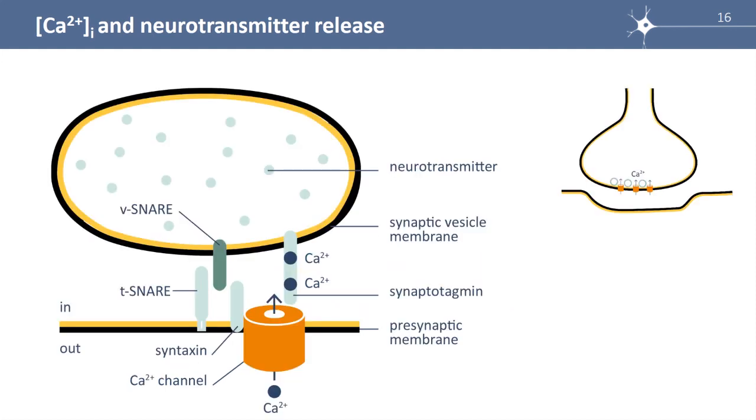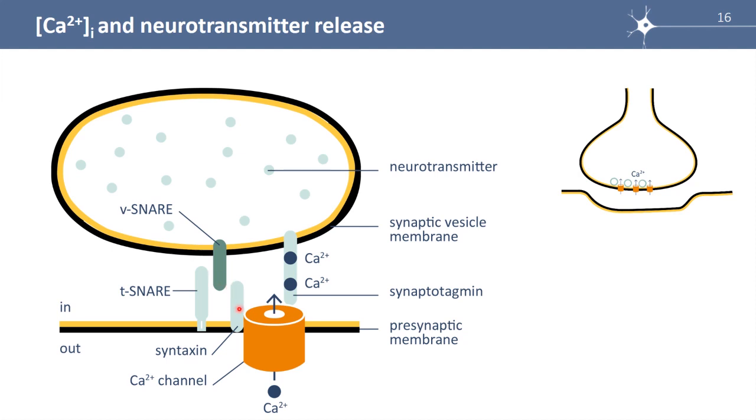Now, if we zoom in on only the presynaptic element, here we see only the presynaptic membrane and the vesicle with the membrane around it. There is a physical connection between each vesicle and the presynaptic membrane via proteins.